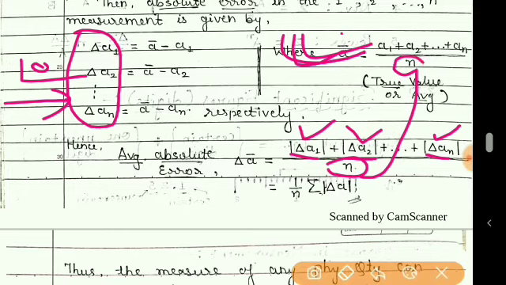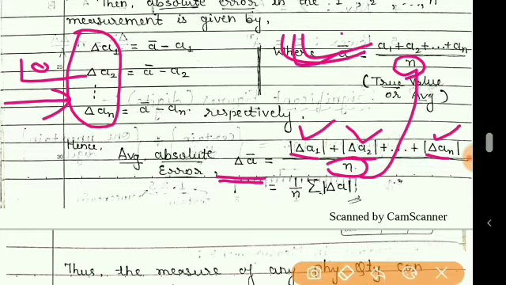As we have done in this, similarly we will do for this. We will add all these absolute errors by considering them positive only. See here, we have considered them as magnitudes only, and after adding we will divide by the number of observations. Here n will be the same as this, and so we will get the average of this absolute error also.